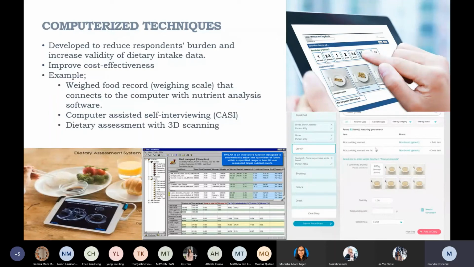You can also use dietary assessment with 3D scanning. This is also a new method where we just have a probe to scan all the foods that we consume, and it will be recorded into our software. Okay, so there are various computerized techniques out there, including in Malaysia. So maybe if you explore, you will get some examples of what is being done.